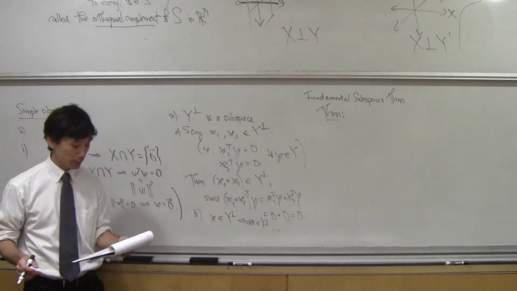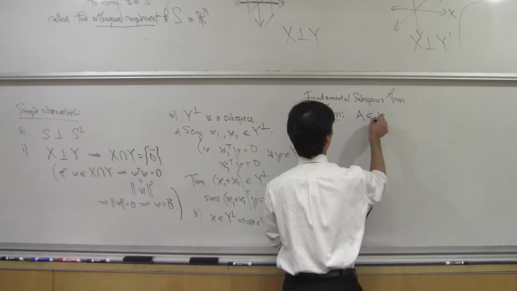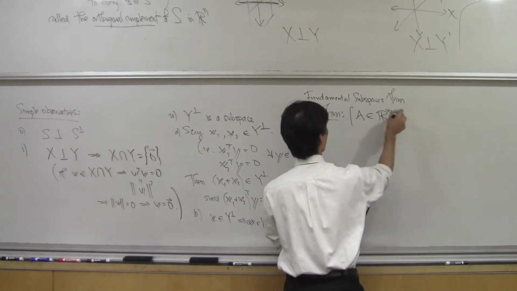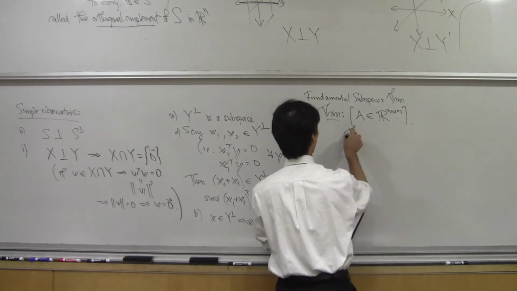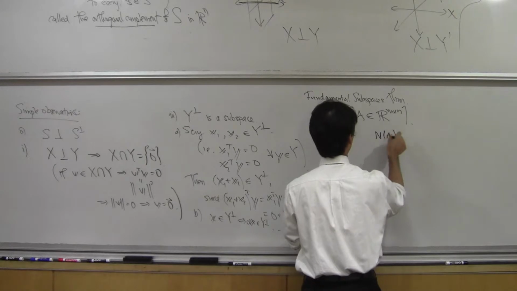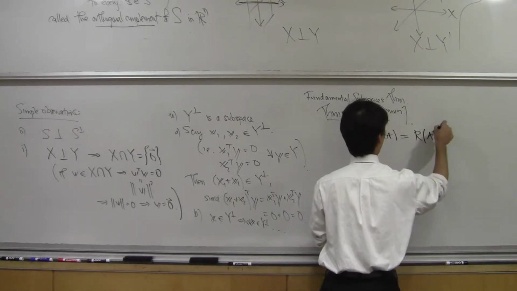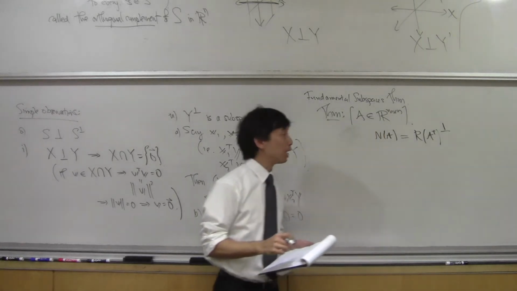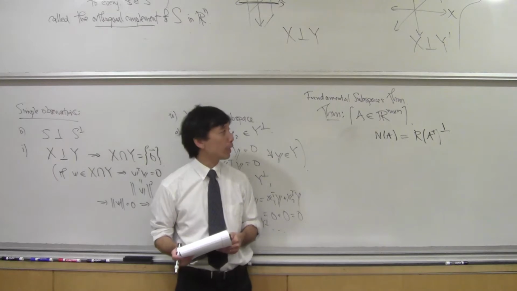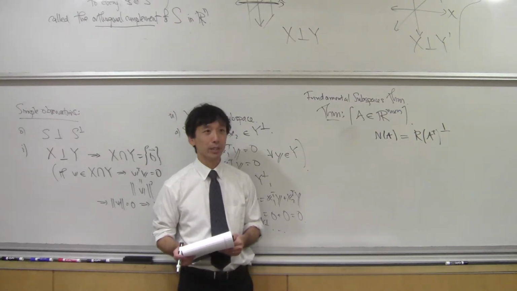It says this: suppose you have an n by n matrix A. Then the null space of A is the orthogonal complement of the range of A transpose.